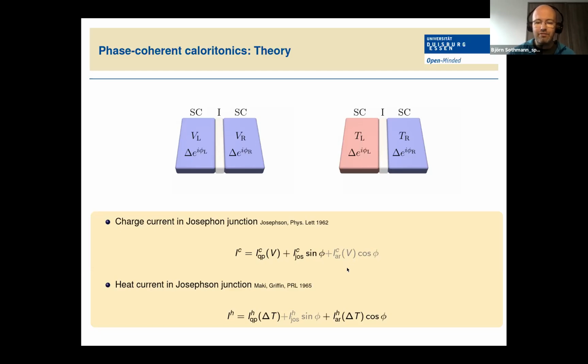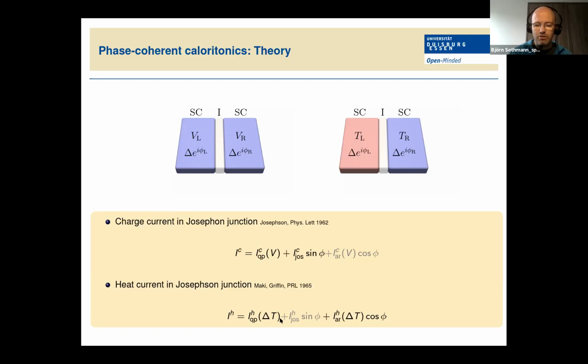Now, shortly after Josephson looked at this charge transport, there were Markey and Griffin who looked at a temperature biased Josephson junction. So we have now different temperatures and possibly a phase difference. And they calculated the heat current that flows in response to this temperature bias. And what they find is that the general structure of the heat current is very similar to what Josephson found for the charge current.